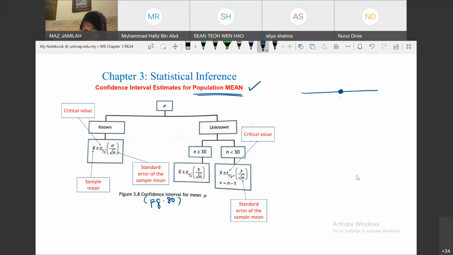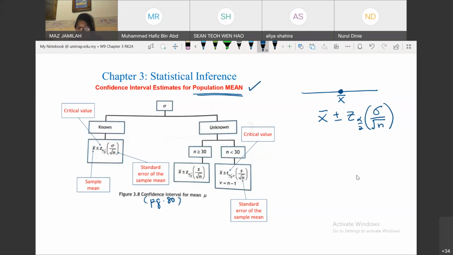This is my X bar, and my X bar can be estimated. What will be the formula for my confidence interval?